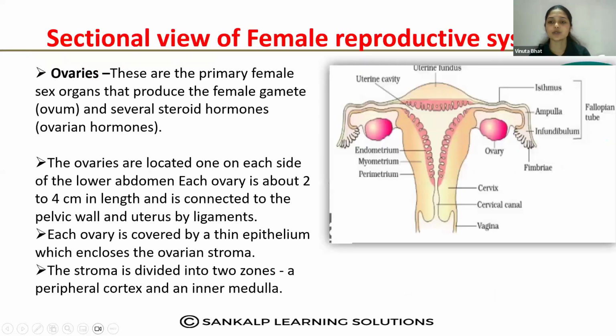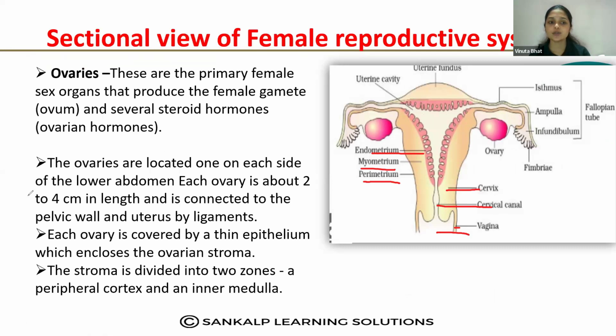If you see the structure of the uterus, this is the outermost layer, perimetrium, myometrium, and the endometrium. This is the cervix and the cervical canal, and this is the vagina. Totally it forms the birth canal.